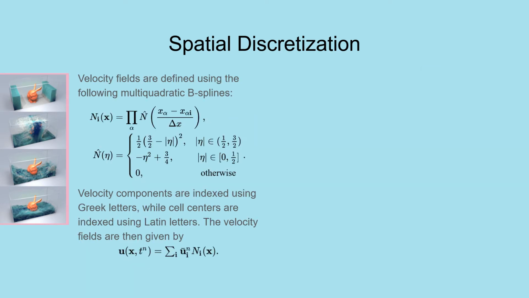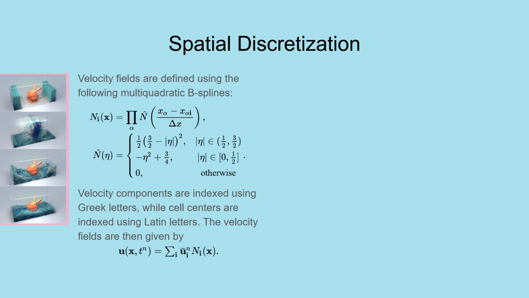This is summarized in these equations, where, by appropriate shifts and scaling, we may write all 1D B-splines in terms of a common B-spline denoted by N hat. Here, delta x is the cell width, alpha is an index over velocity components, and I is an index over the cell centers in the domain.